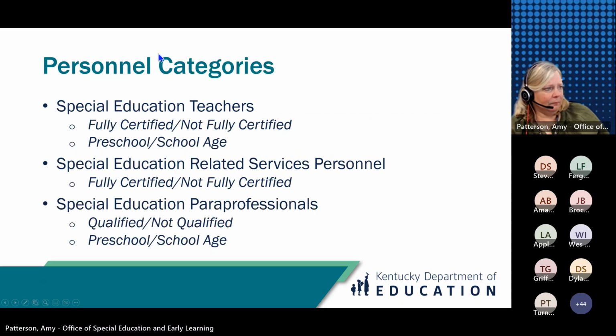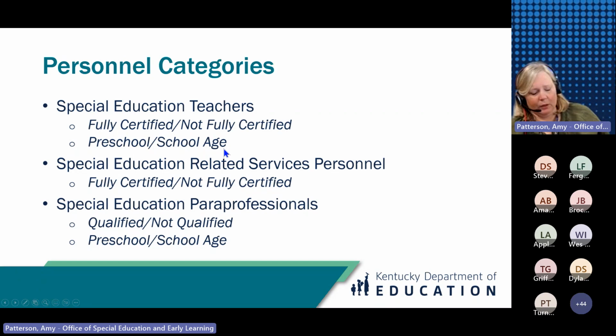And these are the categories, how we collect them. And so we collect preschool and then school age. So preschool is age 3 through 5 and in preschool. And then school age is age 5 in kindergarten through 21.